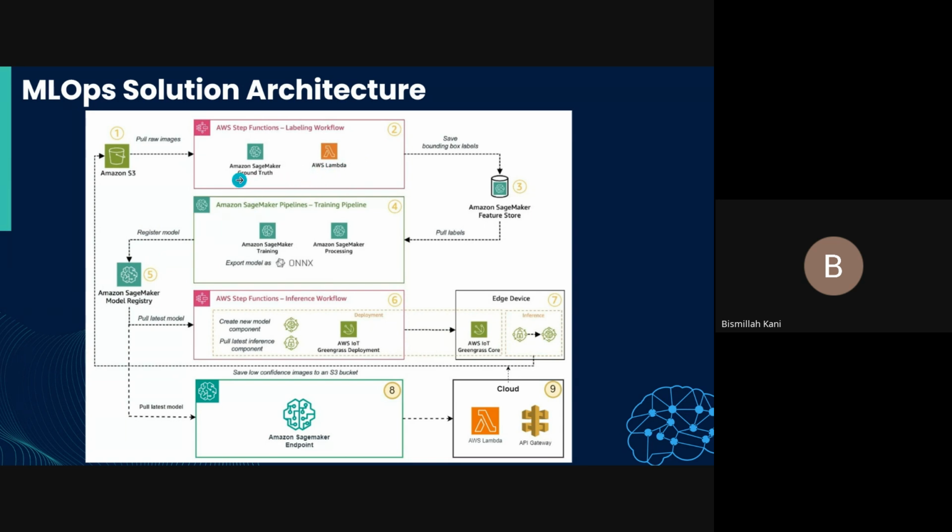Each logical step in your data preparation pipeline could be implemented as an AWS Lambda function, and these different Lambda functions could be orchestrated through AWS Step Functions. That is basically our second step.